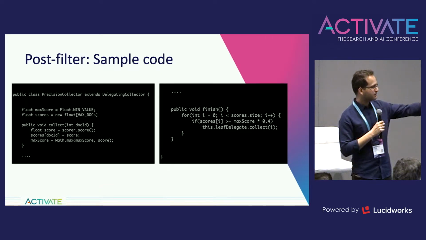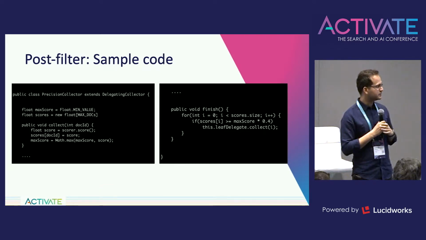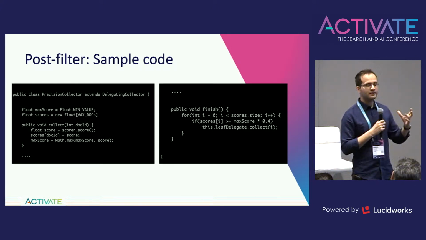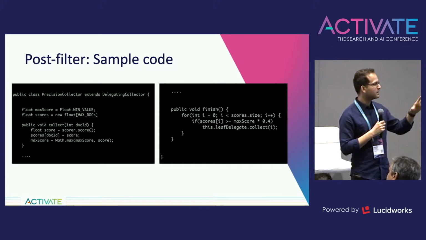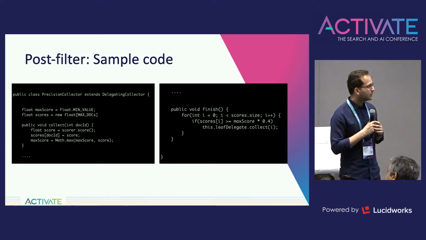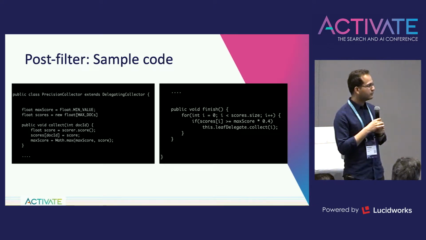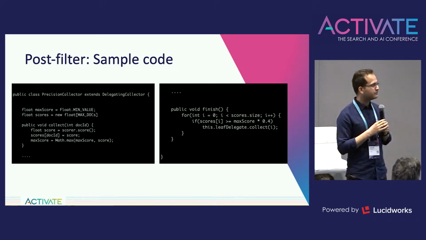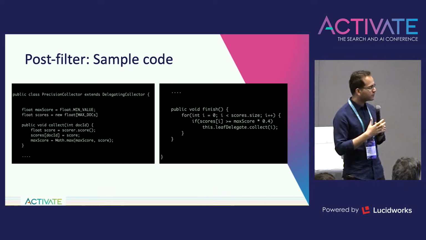The second pass is on the second panel, the finish method, and we're only retaining those documents in the candidate set that pass a certain max score threshold. Here I'm taking 40% off the max score. So that's basically how we've achieved precision control using post filters.